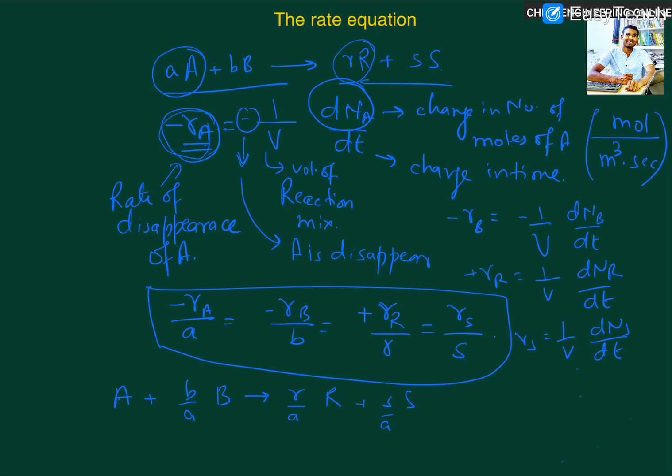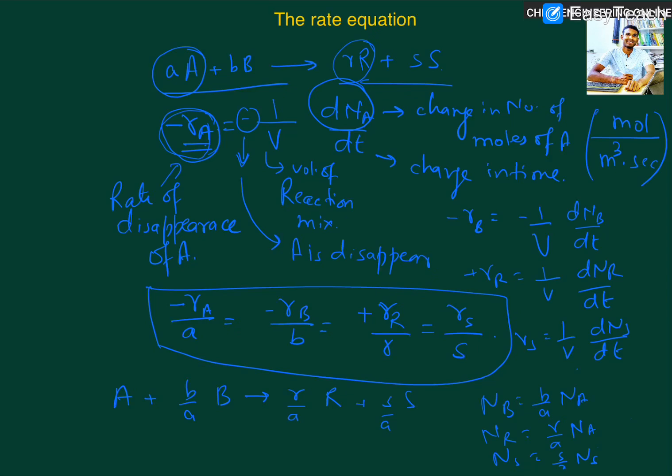Nb, Nr and Ns are related to Na like this: Nb is b by a times Na, Nr is r by a times Na, and Ns is s by a times Na.